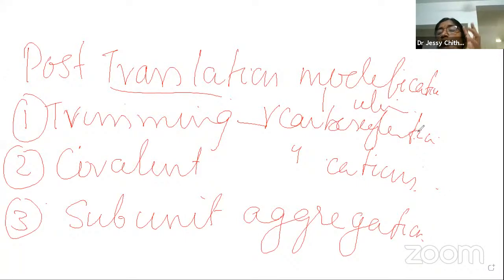Also glycosylation of proteins. Oligosaccharide units are attached to proteins either by O-glycosidic linkage or N-glycosidic linkage. O-glycosidic linkage means the oligosaccharides are attached to hydroxyl-containing amino acids such as serine and threonine, whereas by N-glycosidic linkage they are attached to asparagine.